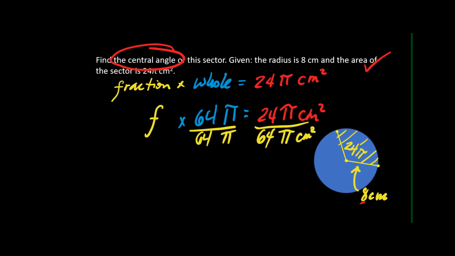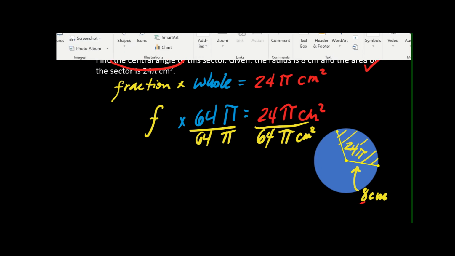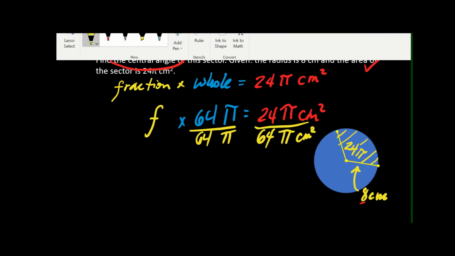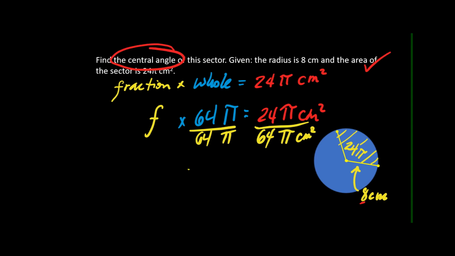The units cancel out, pi cancels out, and 24 divided by 64. Well, they're both multiples of 8. So our fraction is, let me just break this down, this is 3 times 8 over 8 times 8.